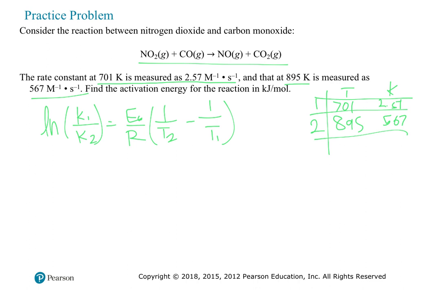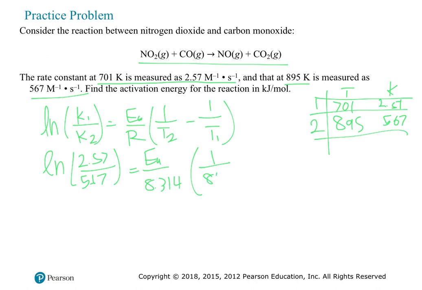So we'll just plug in ln of K1. K1 is 2.57 divided by K2, 567, equals Ea, that's what we're trying to find, divided by R, 8.314, times 1 over T2, 895, minus 1 over T1, 701.